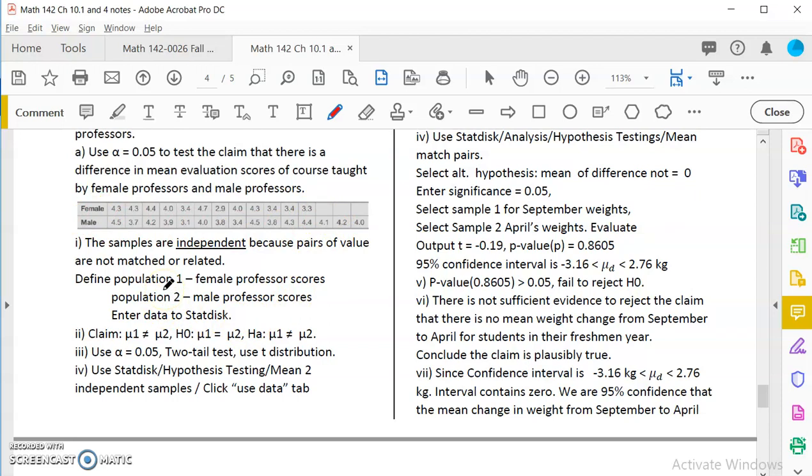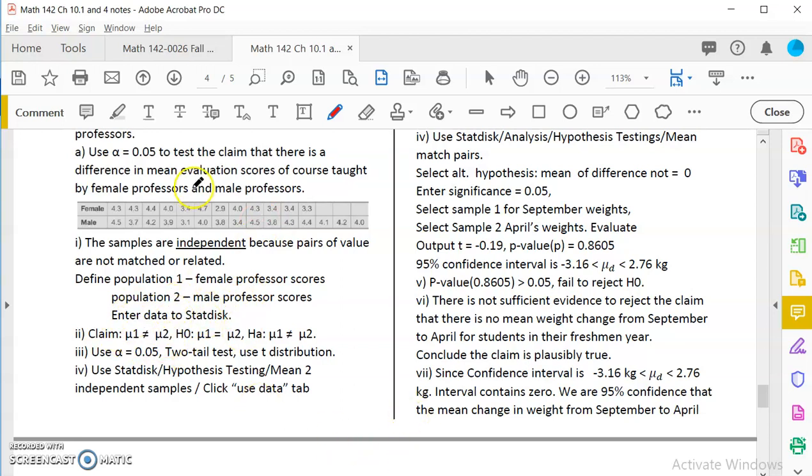So before we do anything, after we figure that they're independent, we have to define the two populations. Because female professor is being discussed first, we just define it as 1 and define male professor as 2. And because data is given, we enter the data into StatCrunch.